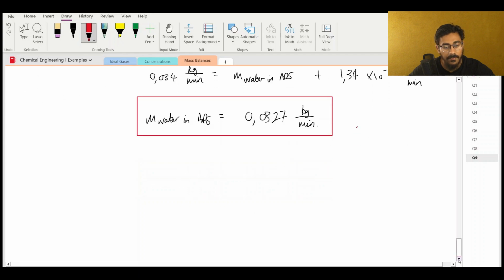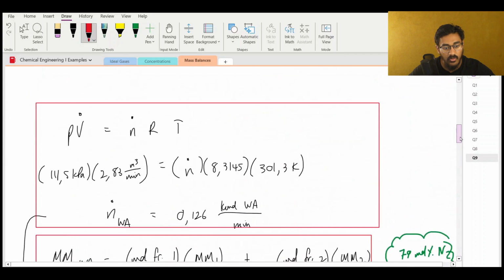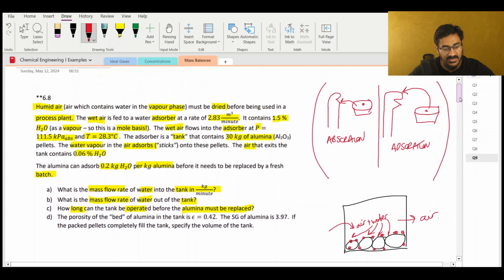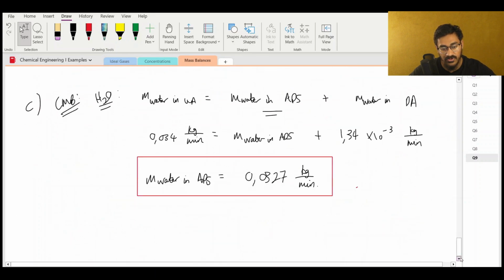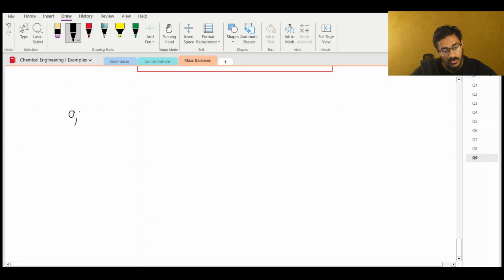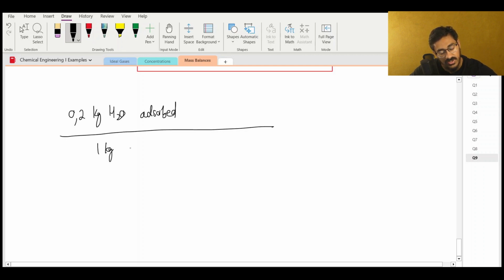But remember, if we go up a little bit further, we want to know how well the catalyst works. So they told me the alumina can adsorb 0.2 kilograms of water for every 1 kg of alumina. And I've got 30 kgs of alumina in the tank. So let's go down and do that ratio conversion. They told me 0.2 kilograms of H2O is adsorbed for every 1 kg of Al2O3.